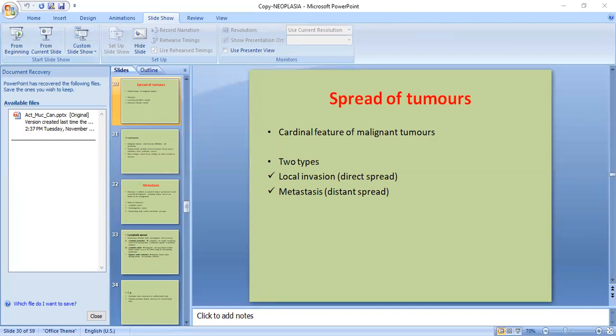This includes making the passage by dissolution of extracellular matrix at 3 levels. 1. At the basement membrane of tumor itself. 2. At the level of interstitial connective tissue. 3. Basement membrane of microvasculature.